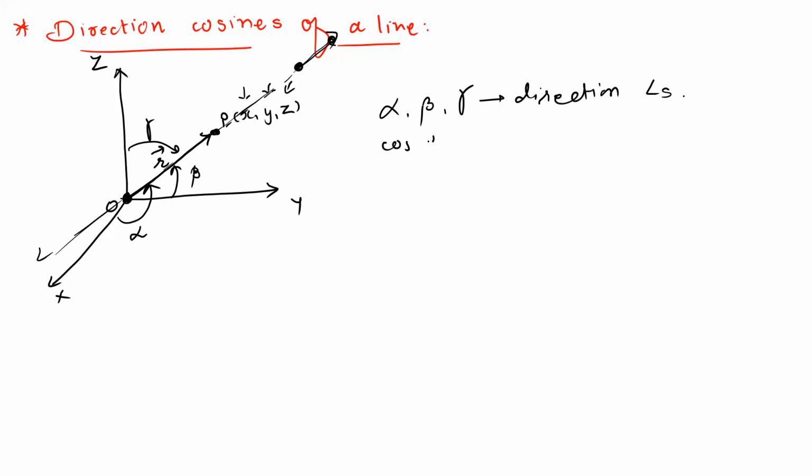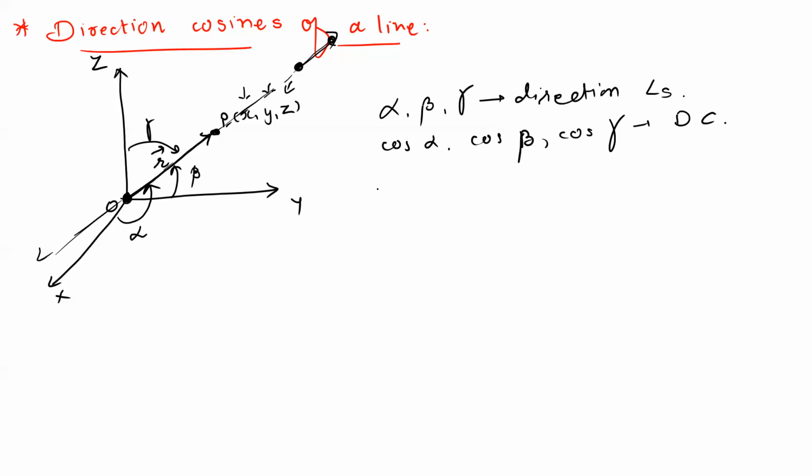And cos alpha, cos beta, and cos gamma are called direction cosines, if you remember. Direction angles mean the angle between the x-axis and the particular position vector: alpha with the x-axis, beta with the y-axis, and gamma with the z-axis.